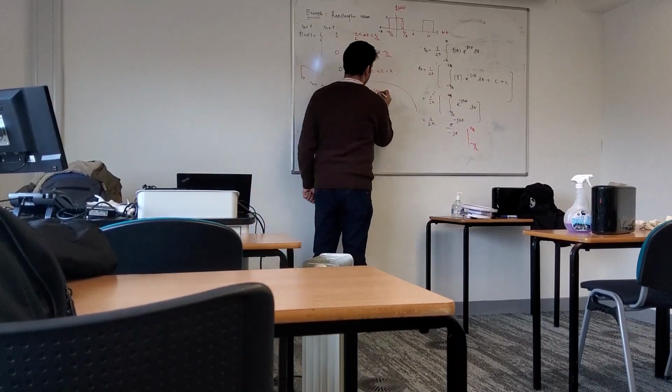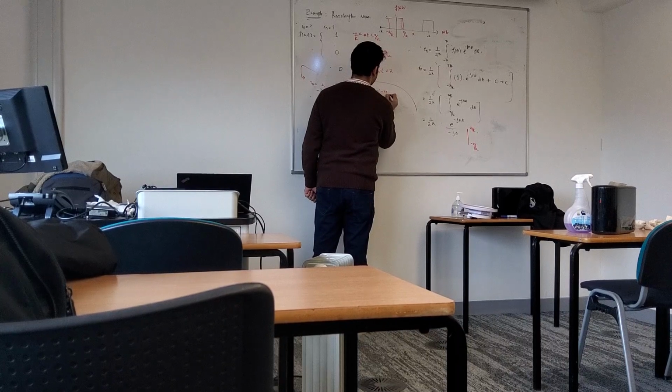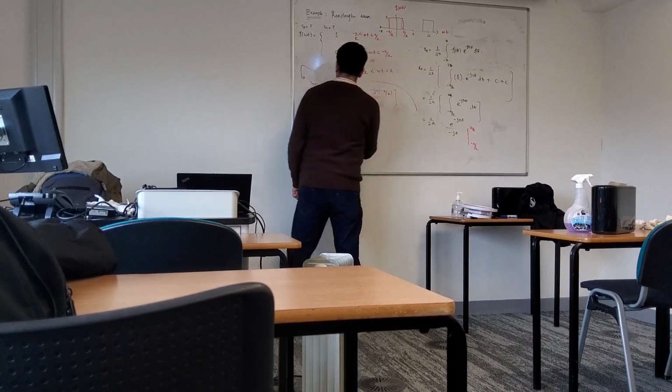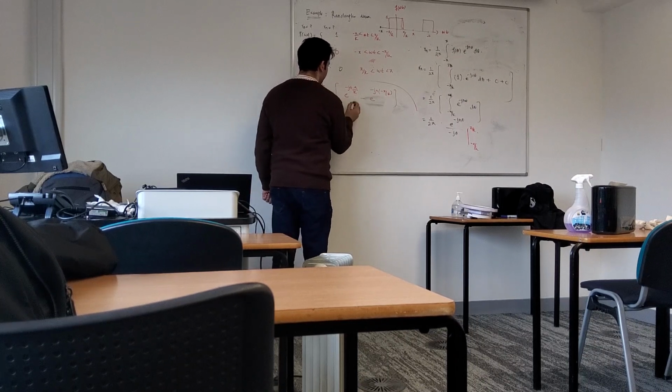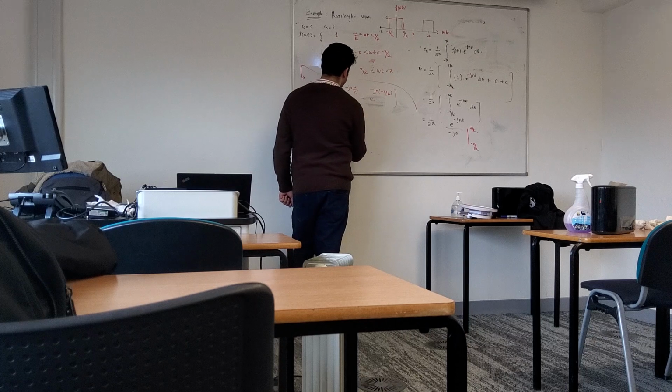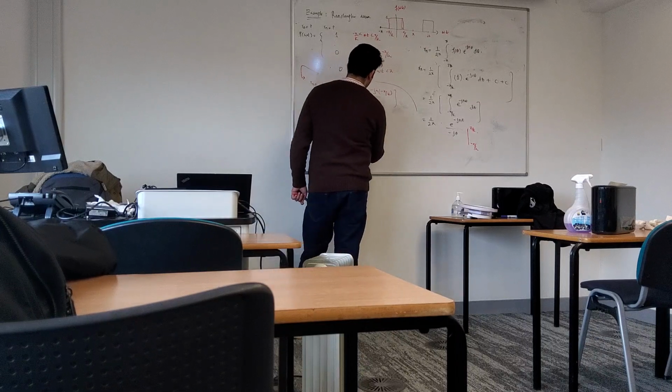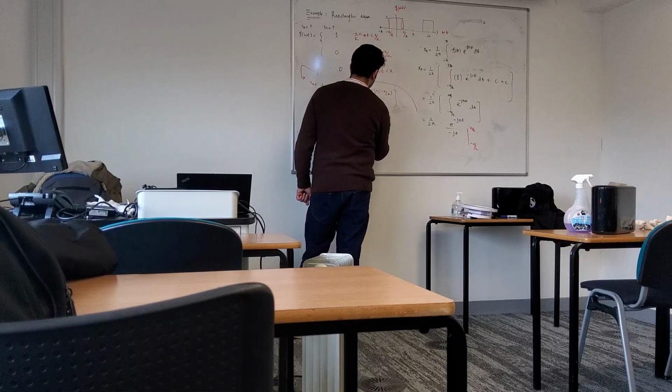At the moment I will just write it like this so as not to confuse. So it would be minus 2 pi jn, and inside it would be e power minus j n pi by k minus e power j n pi by k.